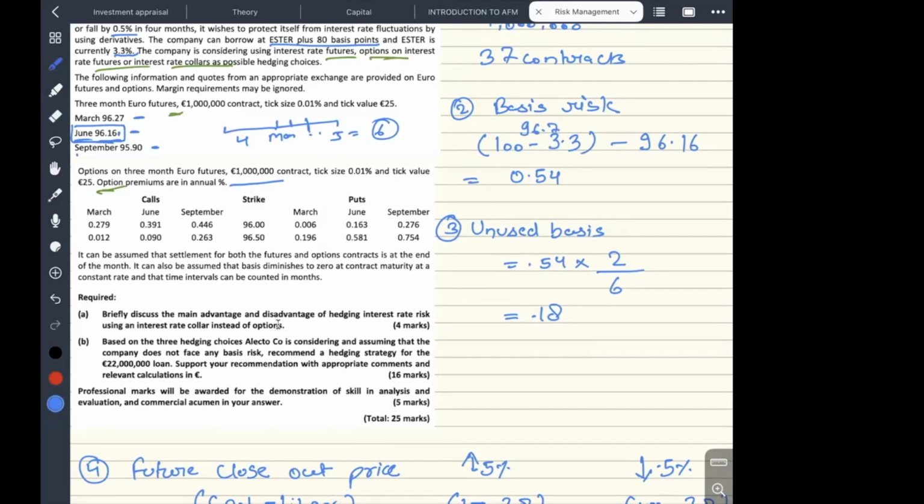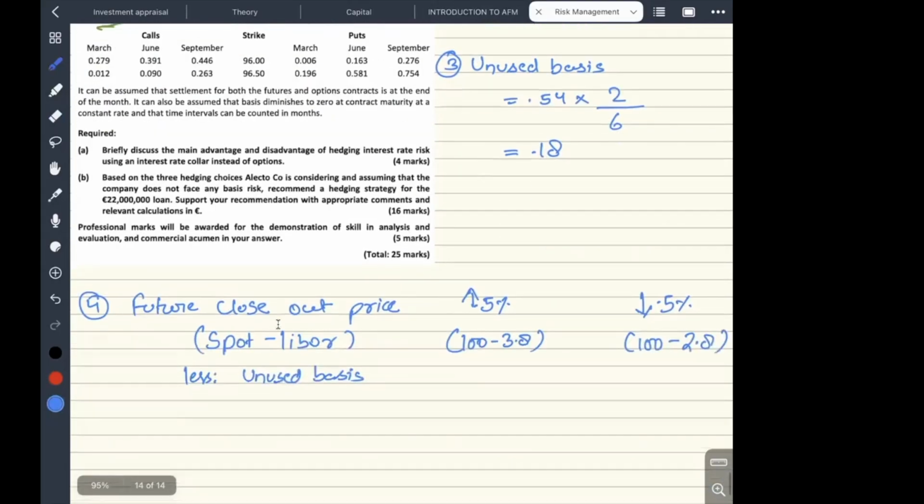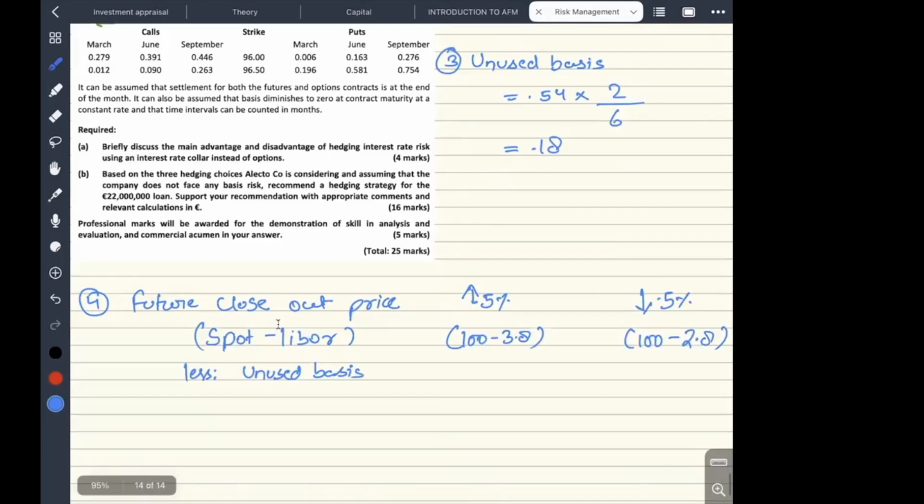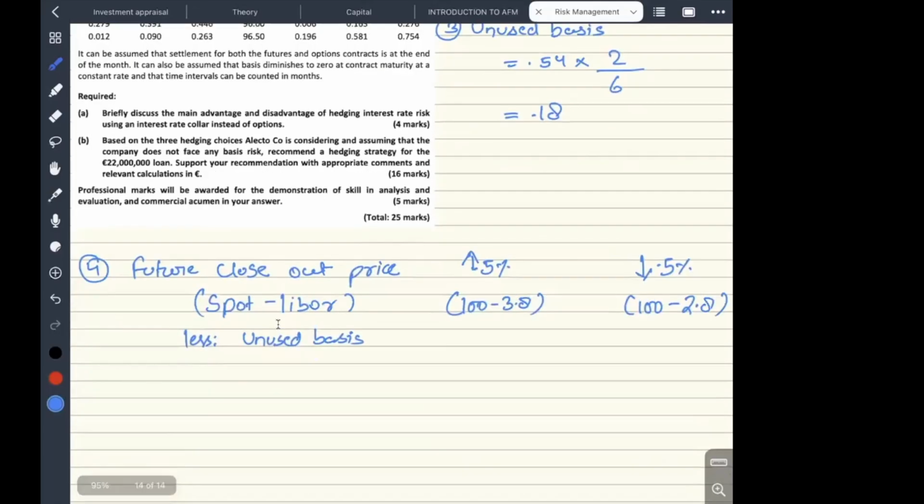We can directly subtract. Or you can remember that basis risk is actually falling from spot to future. When I'm moving from spot to future, my basis risk is falling. That is why unused basis also needs to be subtracted. You can remember it from any perspective.